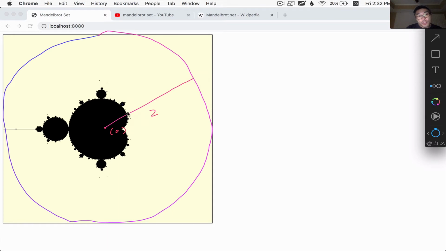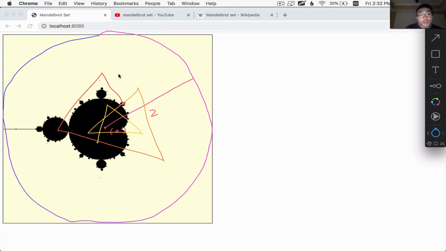Let's say you start with this point here, this imaginary number, and I don't know which way it would go. Maybe it goes here, you iterate once, goes here, you iterate once, goes here, or here. For this case, it's not going to go off to infinity, so it's always going to stay bounded within the circle.